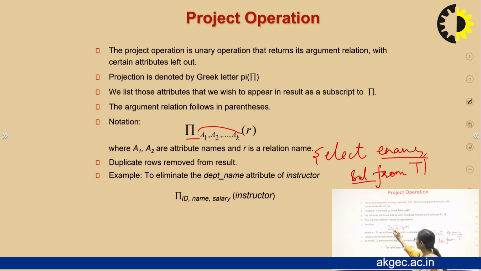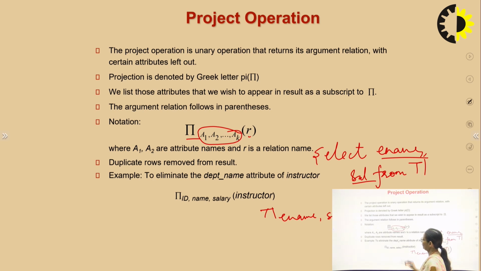This is the list of the attributes, and this is my relation. For this query, I could write pi, then ename, salary, and then my relation T1. And always remember, the names of the attributes come in the subscript. The project operation is a unary operation.